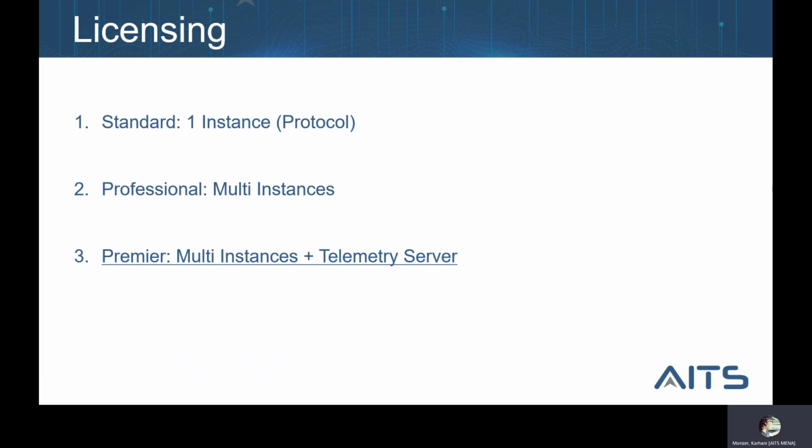And Premier is professional plus a specific type of server, which is the telemetry server. In case you have a DNP3, for example, we will not cover telemetry server in this session. We will in another one. If you have a DNP3 or a telemetry protocol, you need a specific type of server, or a communication driver, which is a telemetry server, and that needs a Premier license.